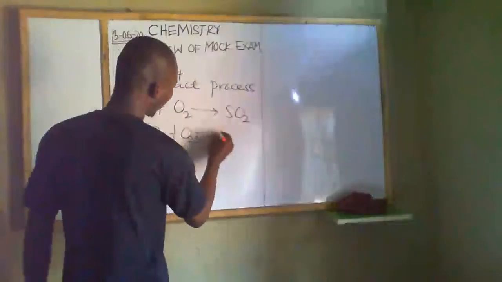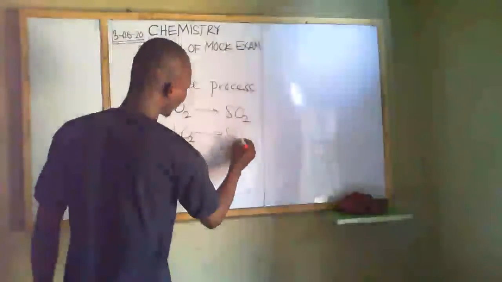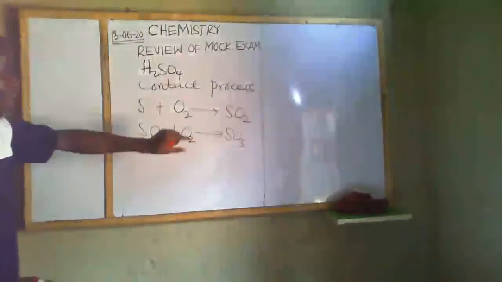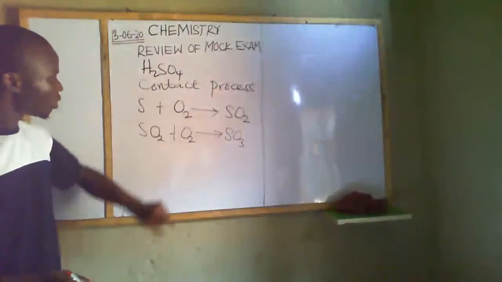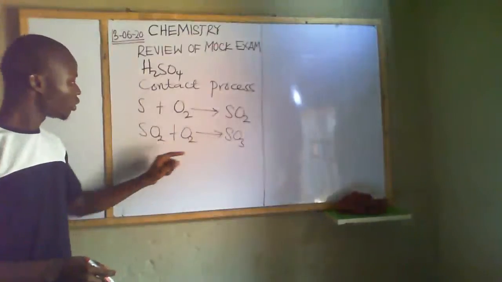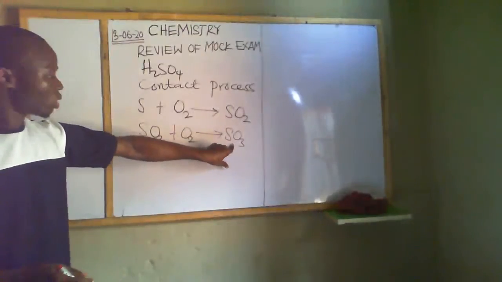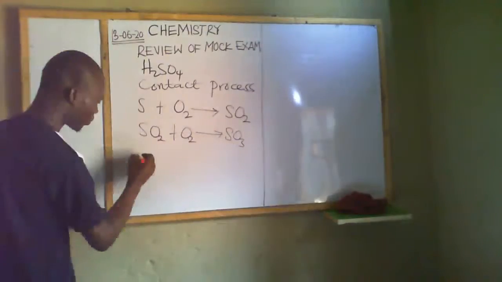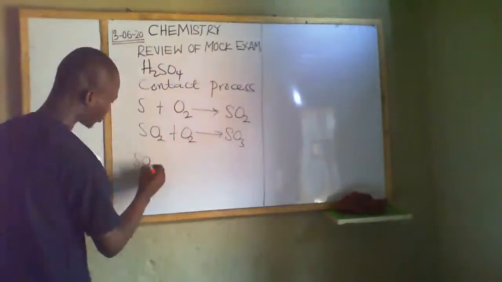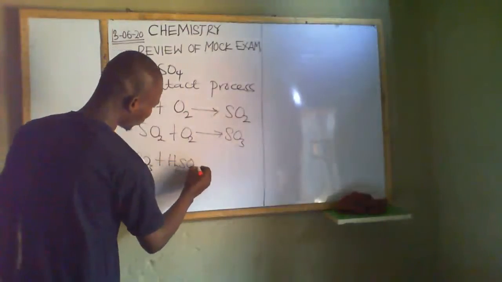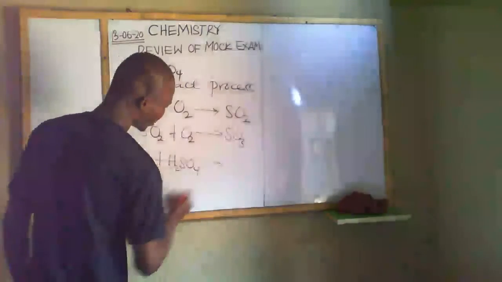This is oxidation. At this step, another reaction comes in in which sulfur 6 oxide reacts with H2SO4 to give us a viscous liquid known as oleum.